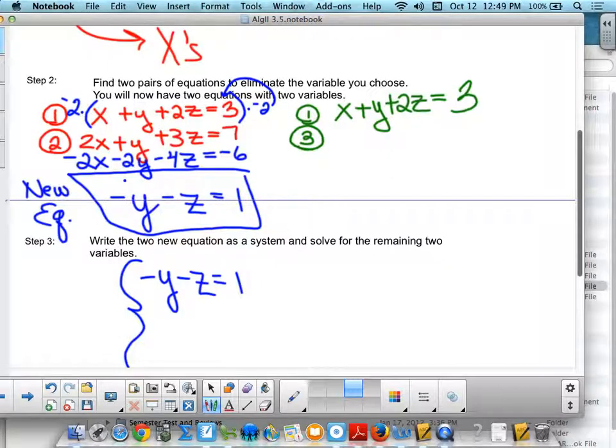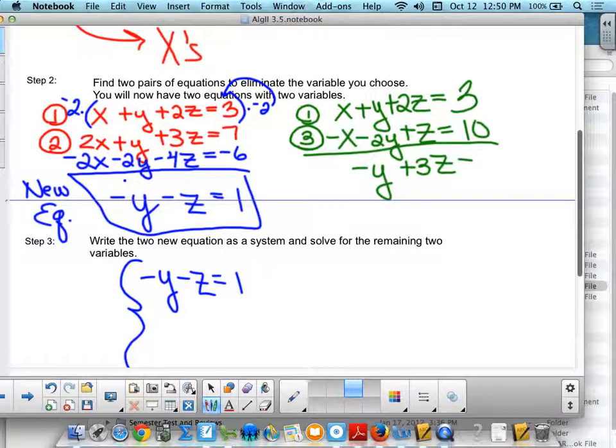And 3 is negative x minus 2y plus z equals 10. Draw that line, add down, what do you get? Negative 1y plus 3z equals 13.